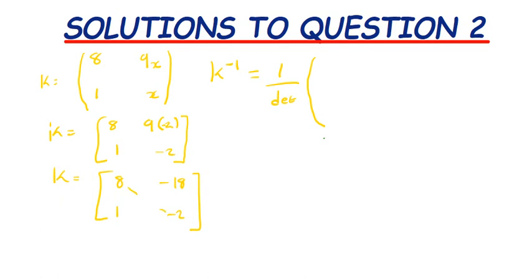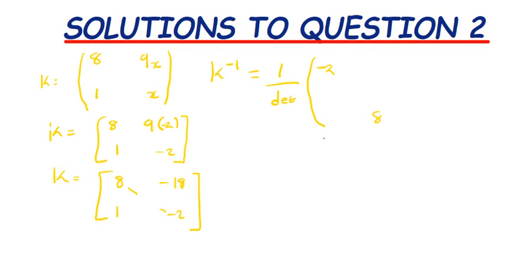The elements of the major diagonal, they change positions. So in this case here we are going to have negative 2, and then down we are going to have 8, like that.